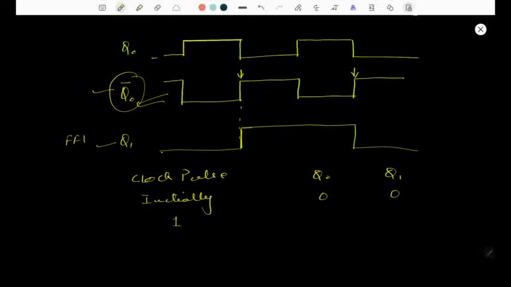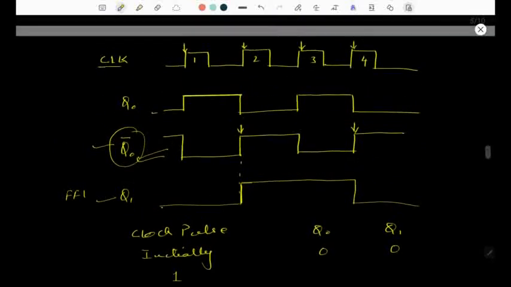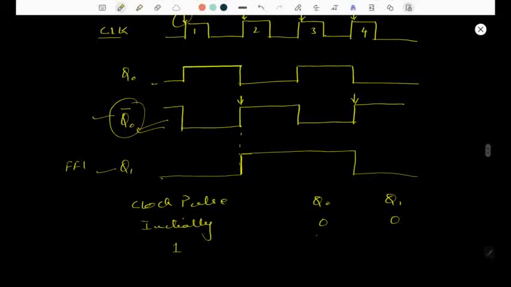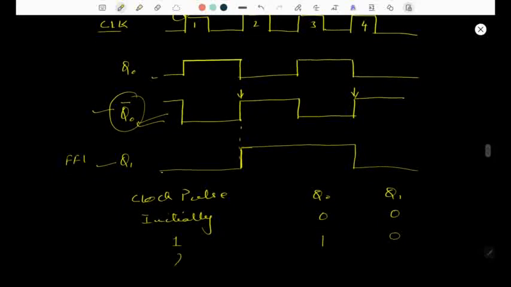When the first pulse was given, Q naught becomes 1 and Q1 is still 0. When the second pulse is given, Q naught becomes low and Q1 becomes high, 0 and 1. When the third pulse was given, Q naught becomes high and Q1 is also high, 1 1.